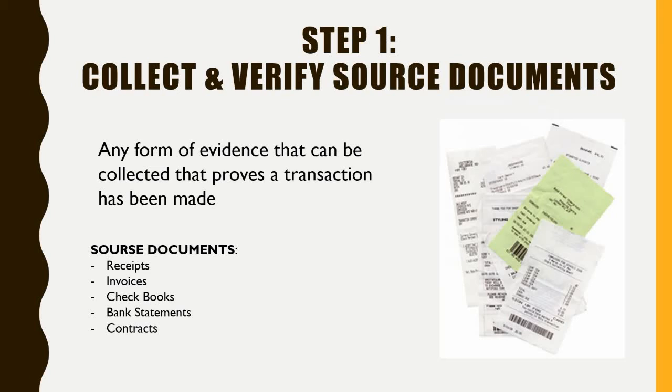A lot of companies make copies of their checks before they send them out, just to prove that they've written the checks to that specific person, and that's considered a source document. Contracts are considered source documents as well. So that's step number one, to gather all the information before doing anything further.